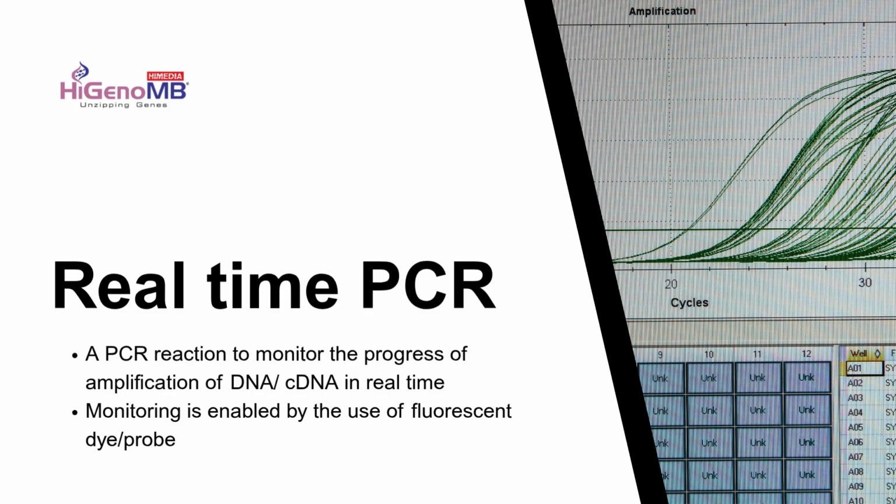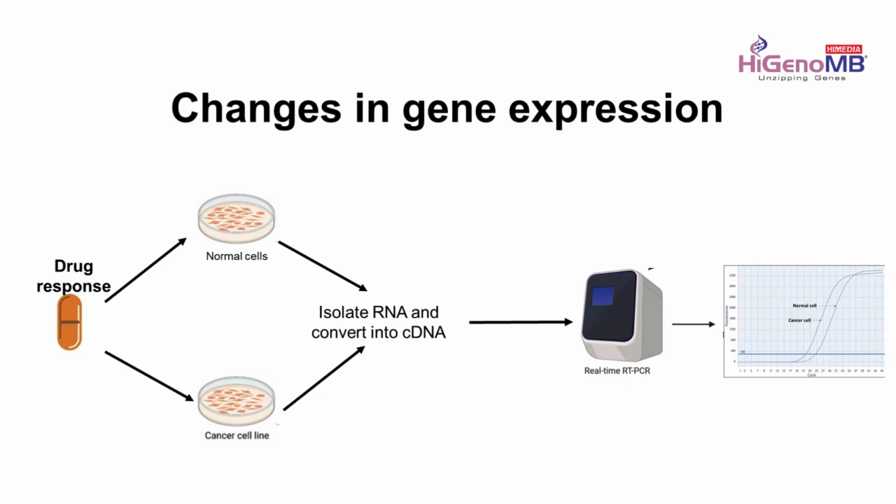So I just want to explain this with an example. When a scientist has discovered a drug which he proposes will kill a cancer cell line, how does he study it?